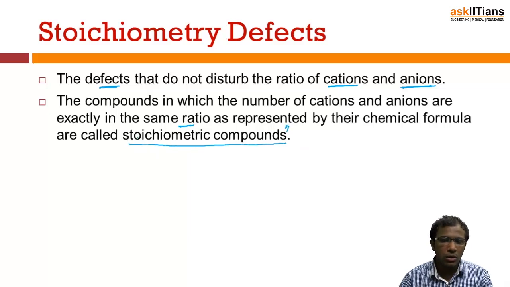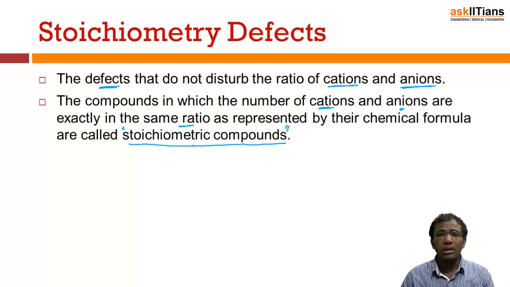I will repeat this once again. The stoichiometric compounds are the compounds in which the number of cations as well as anions are exactly in the same ratio as represented by their chemical formula. So even after the defect, the ratio of cations and anions is still going to be the same in stoichiometric compounds.